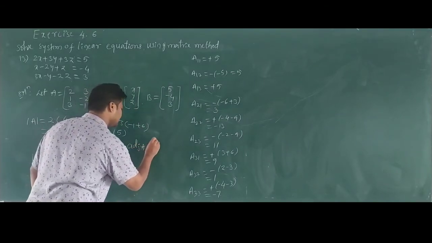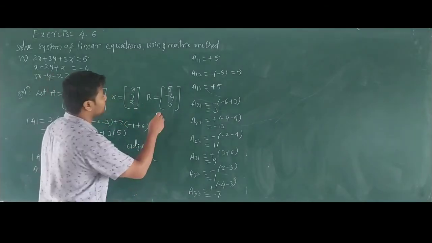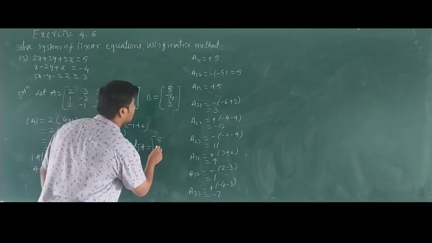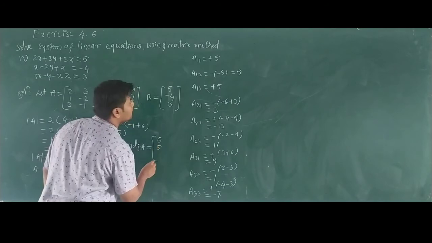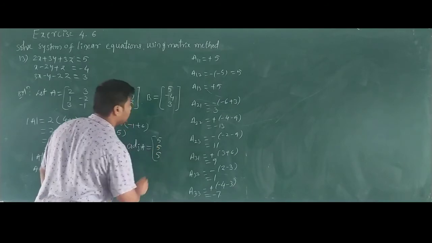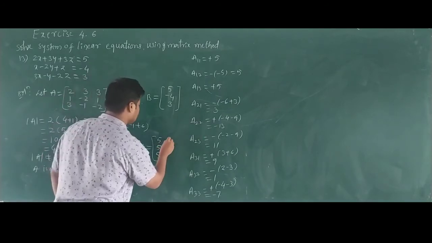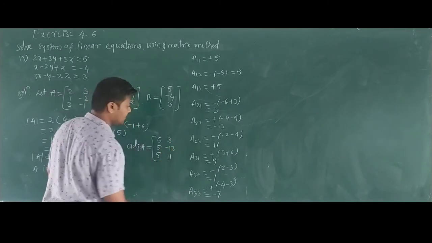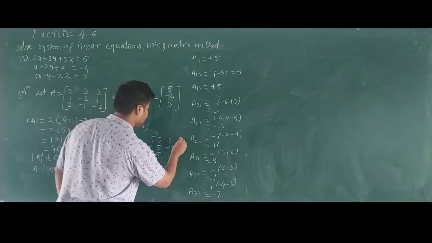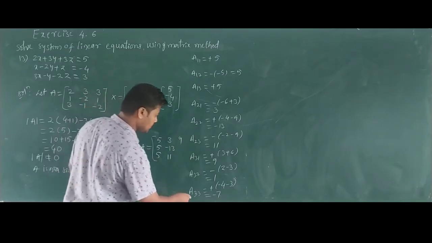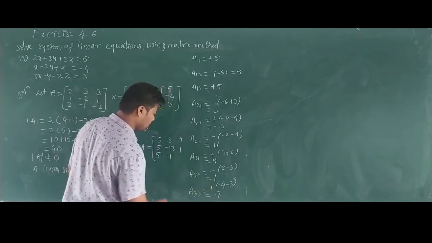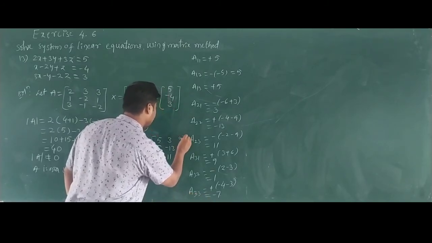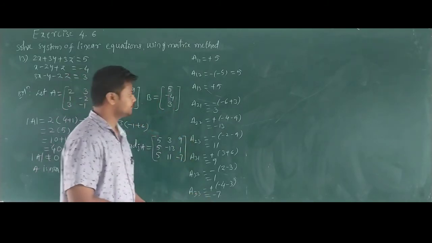Adjoint of A equals 5 3 9, 5 minus 13 1, 5 11 minus 7. So this is your adjoint of A.